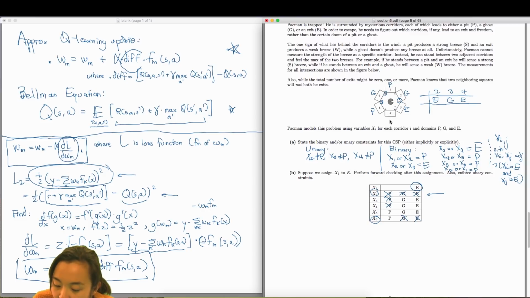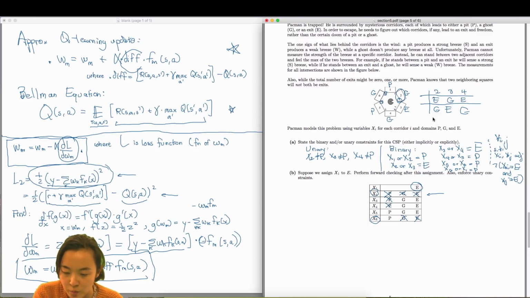So in that case, we would have another ghost. So G, E, G. And these are the only two possibilities because we considered the only two possibilities for 2, and then the rest of the assignment was induced by that choice. So these are the only two possibilities.